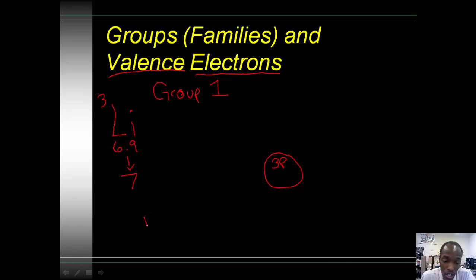And remember our equation, P plus N equals atomic mass, and we know our P, which is 3, and our atomic mass, which is 7. So now we can determine the number of neutrons, because 3 plus what would get us 7? And if you said 4, you are correct. We have 4 neutrons, so 4N.